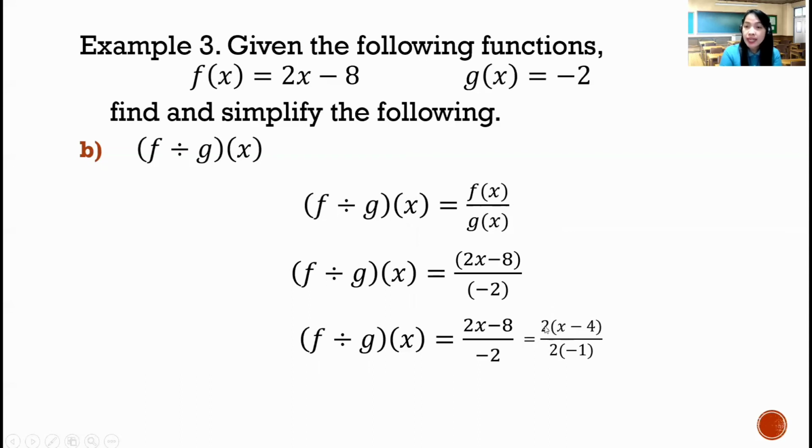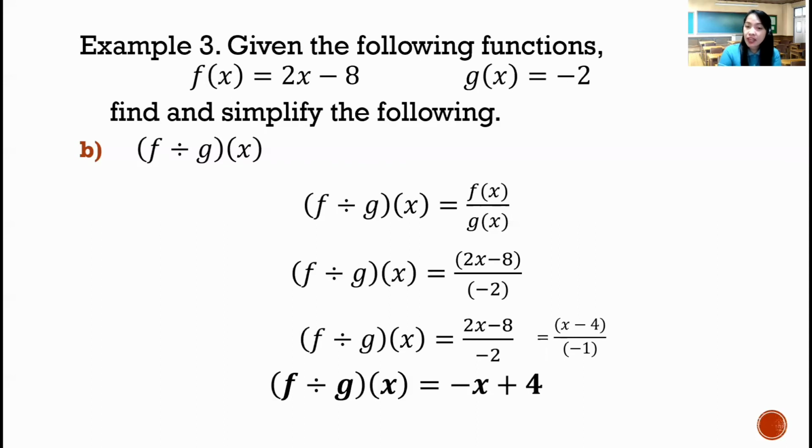So, 2 divided by 2, that is 1. So, ang matitira na lang ay x minus 4 all over negative 1. So, from here, pwede mo nang i-simplify or pwede mo nang makuha yung final answer, which is negative x plus 4. Bakit naging negative x plus 4?